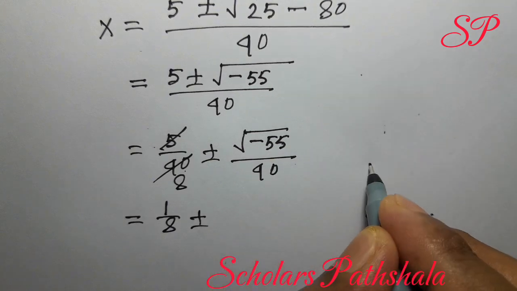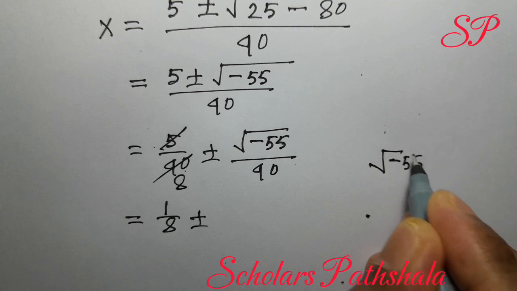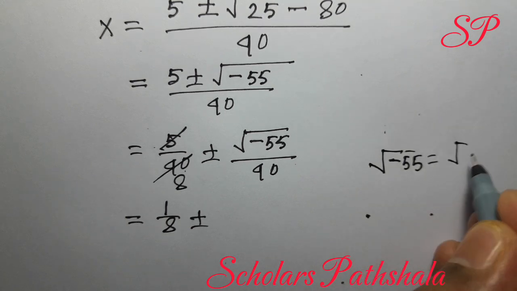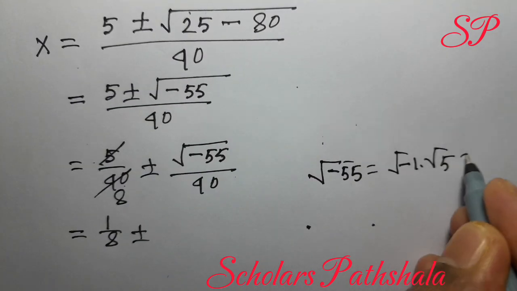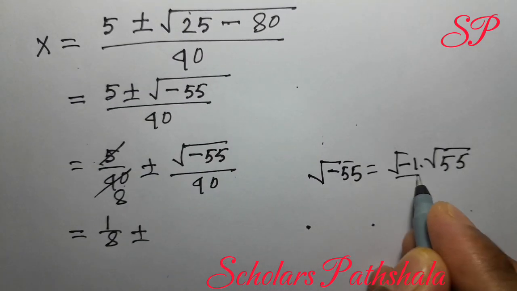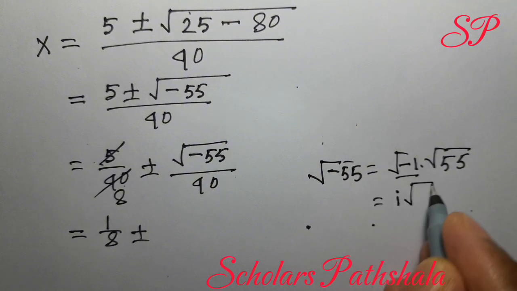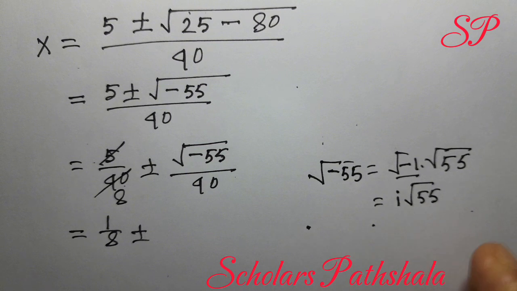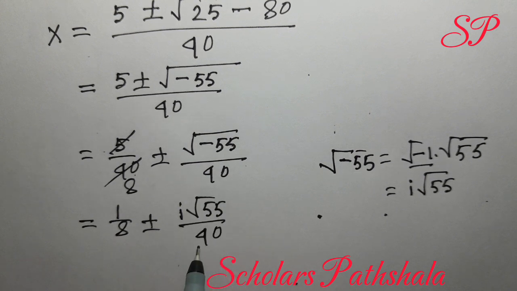we know root over minus 55 we can write as root over 55 and root over minus 1. Here root over minus 1 is equal to i, and root over 55, so we can write i root over 55 by 40.